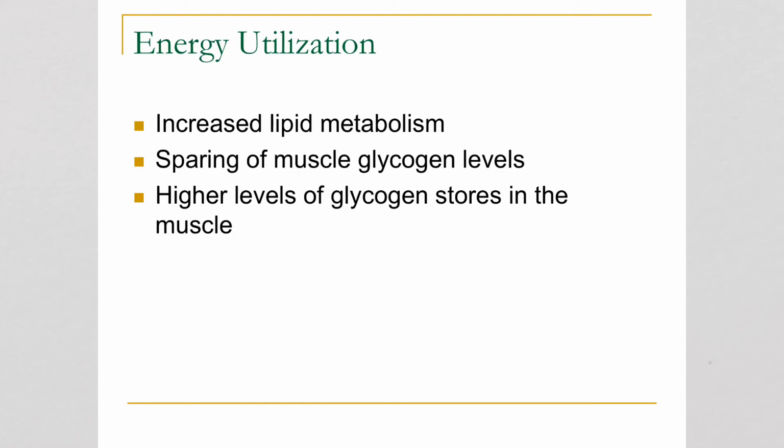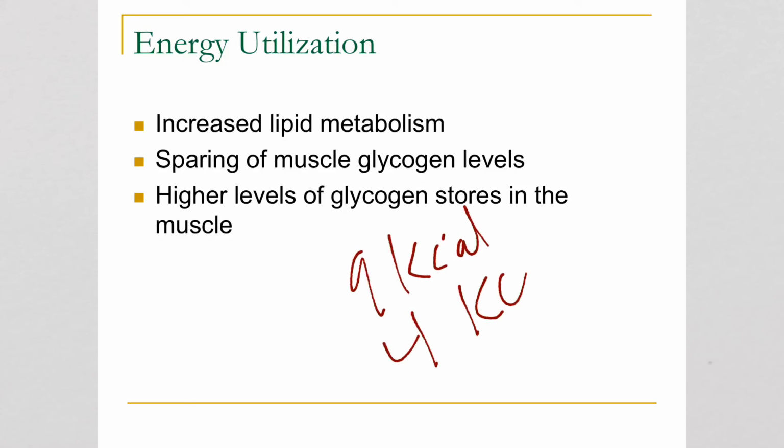Energy utilization: we use lipids better, so our body becomes better at breaking down lipids. Remember, fat has 9 kilocalories per gram, whereas carbohydrate is only 4 kilocalories. So if we can break down the molecule of lipid versus a molecule of carbohydrate, just to be clear on that, we get more energy from it.